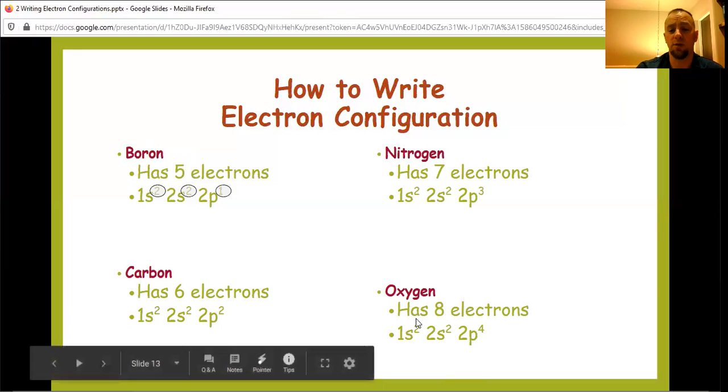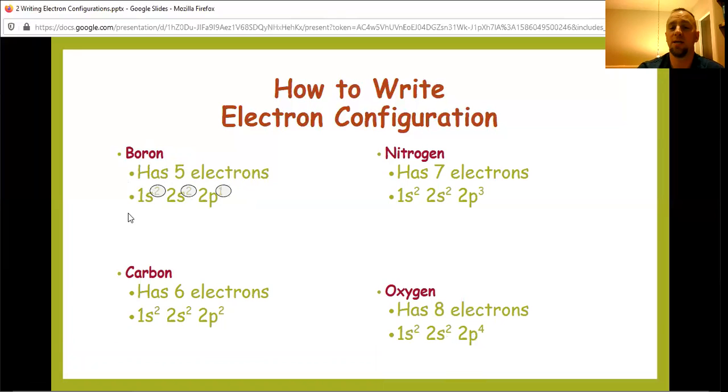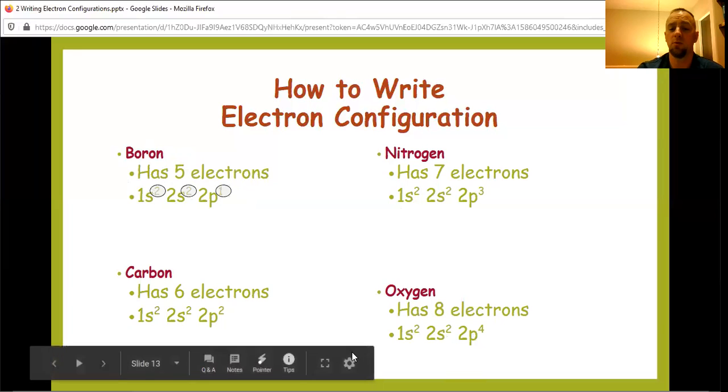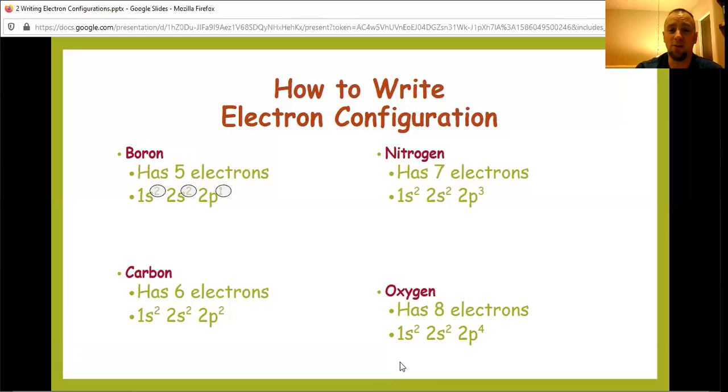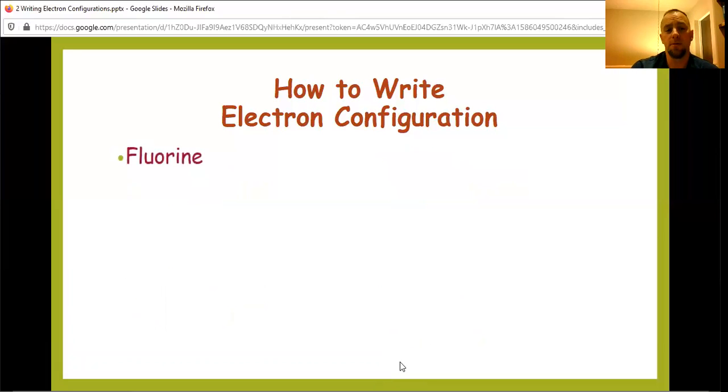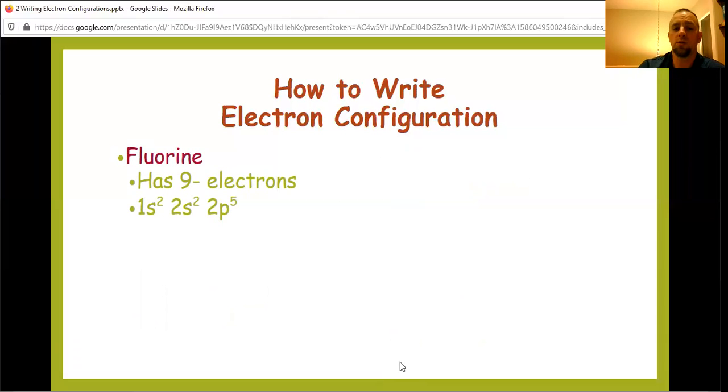And if you notice here for all of these, they're circled up here, for boron, 5 electrons. They should add up to that total for every one of these, whenever you're writing out these electron configurations. Okay, so fluorine has 9 electrons, 1s2, 2s2, 2p5, and neon.